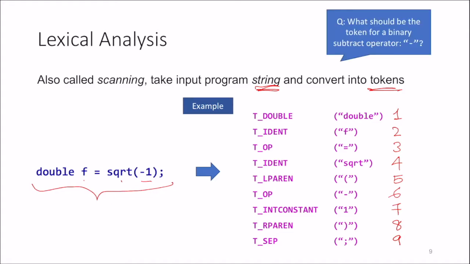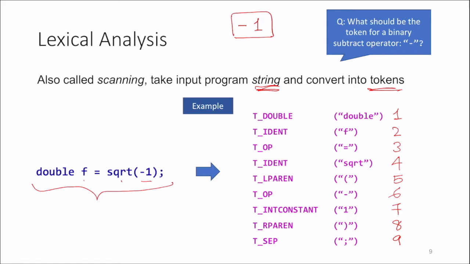So one question I want you to think about here is, what should be the token for a binary subtracting operator? In this case, we have a unary operator. So this minus over here in this example, -1, is a unary operator.